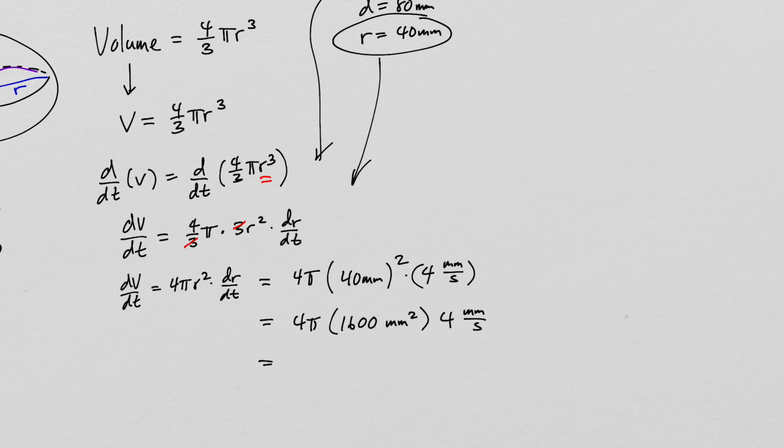Now let's multiply this together. 4 times 1600 is 6400, and 6400 times 4 is 25,600. And don't forget you have a pi there. And then millimeters squared times millimeters is millimeters cubed, and then per second.